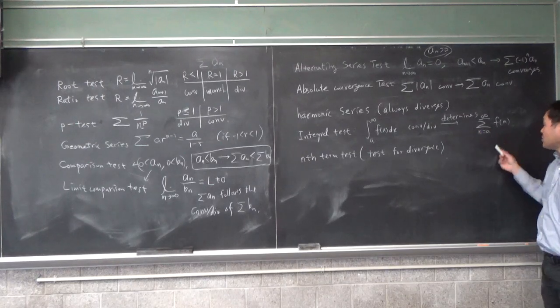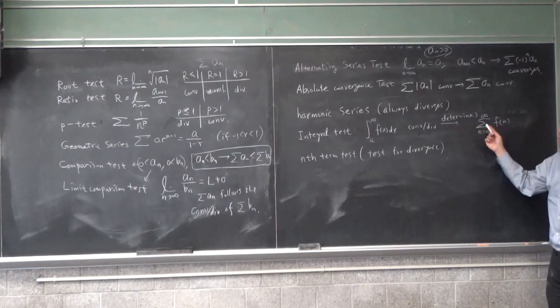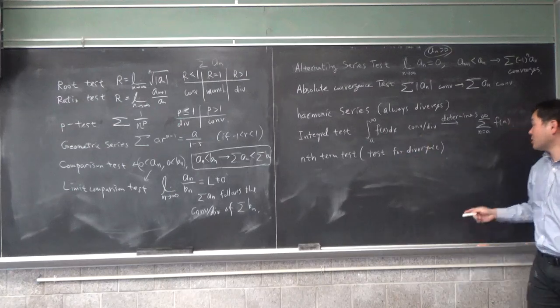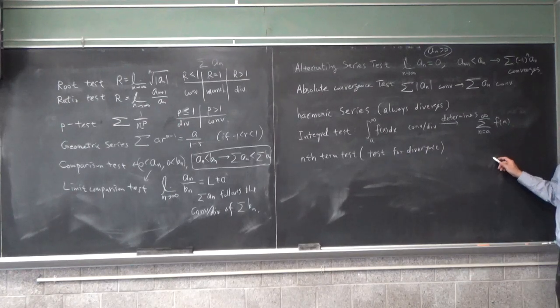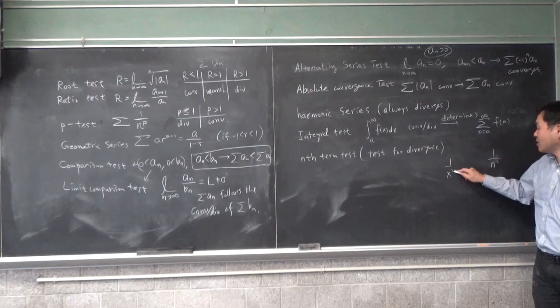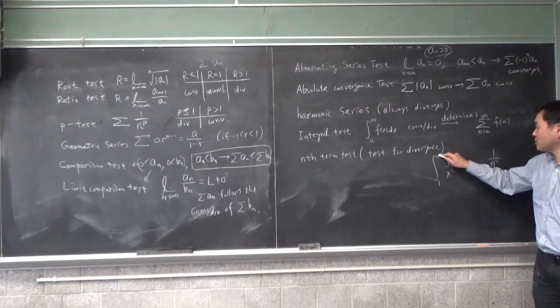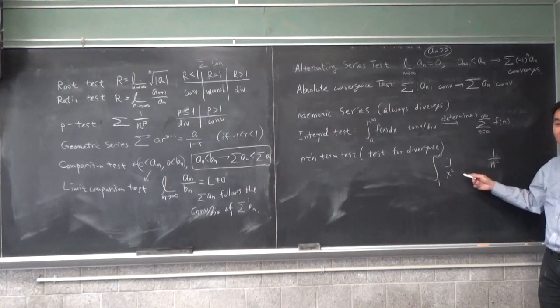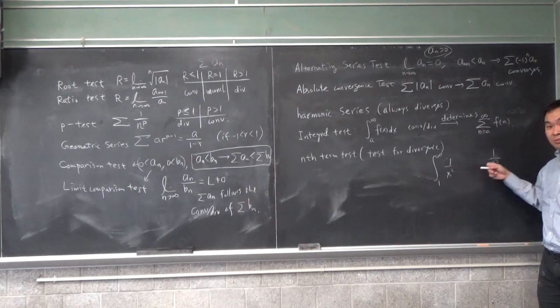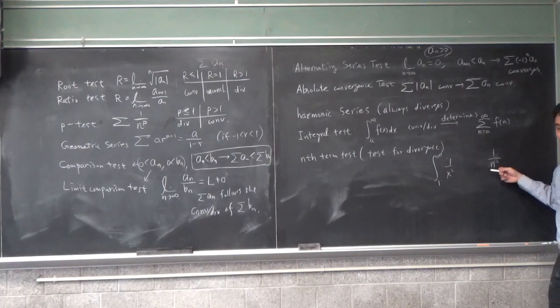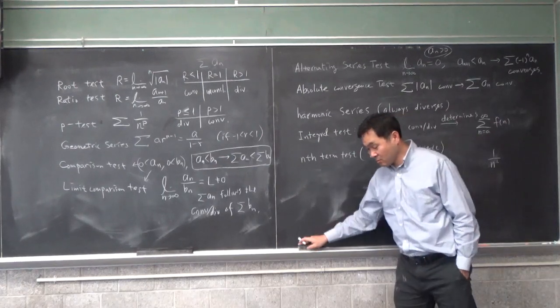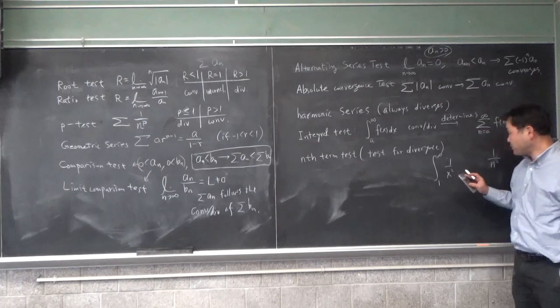An example of this is that we used the integral test to show the p-test, right? When we wanted to know whether 1 over n squared converged or not, we replaced n by x, integrated from 1 to infinity and showed that this gives you a finite number. And because this converges, we show that the series converges as well. That's how we use the integral test.